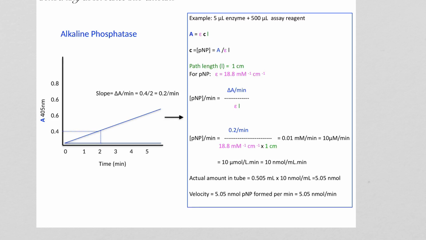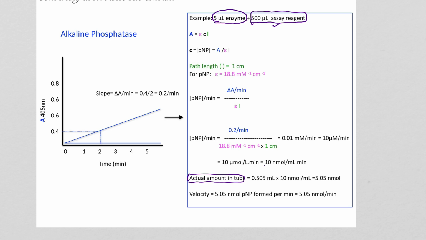So in this experiment, for example, we took 5 microliters of the enzyme and added it to the rest of the solutions, that is the buffers and the substrates and so on. Let's say the rest of it came out to be 500 microliters. So we can calculate the actual amount of para-nitrophenol formed in the tube.